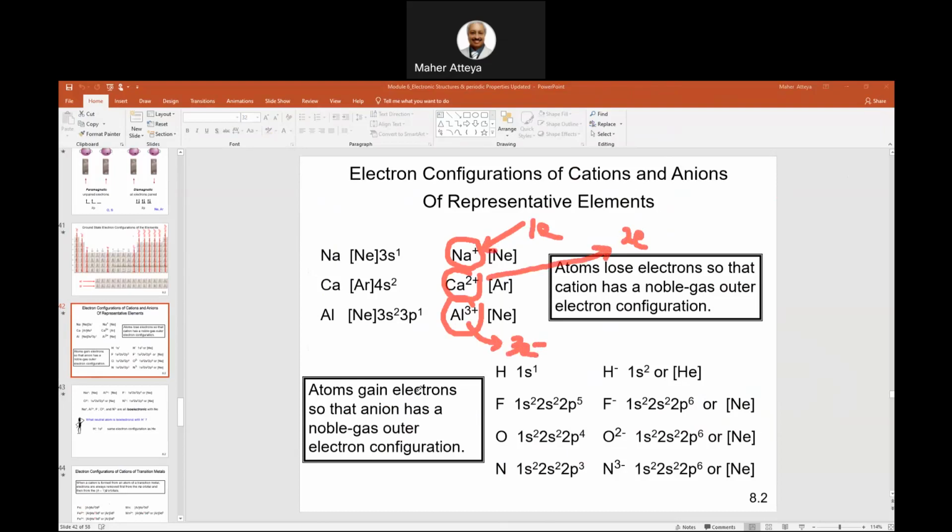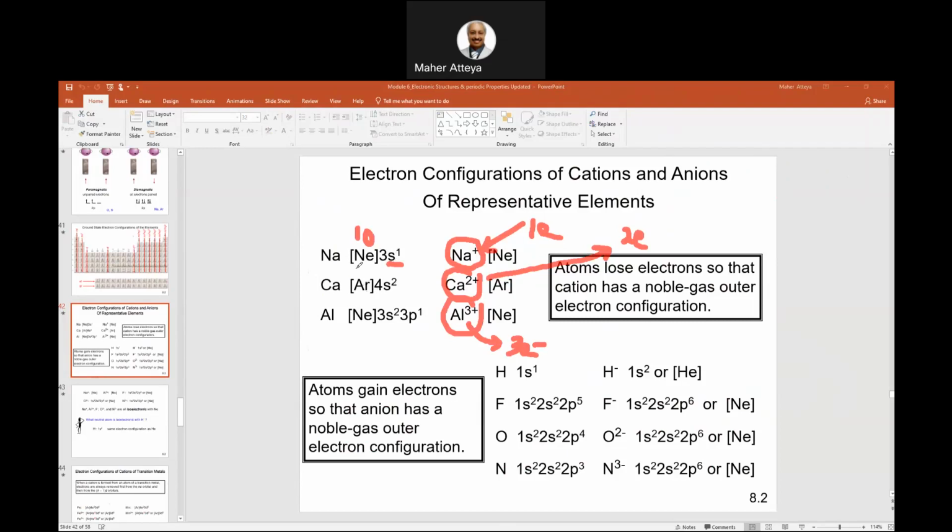But the neutral atom, you can see here neon is 10, correct? So sodium is 11, and 10 plus 1 is 11. Look at argon, argon is 18, correct?